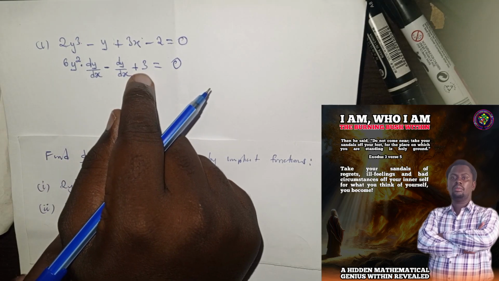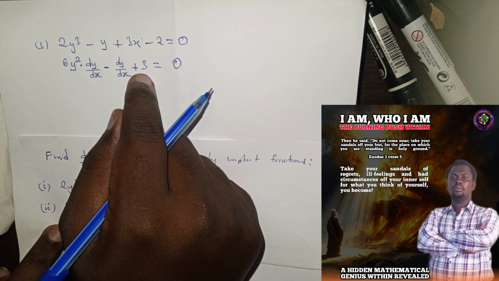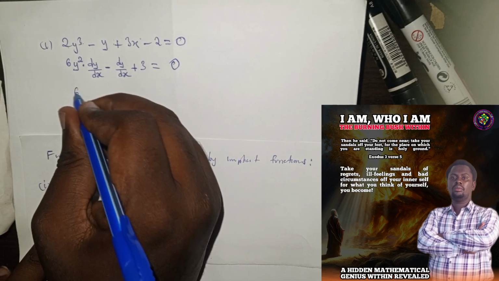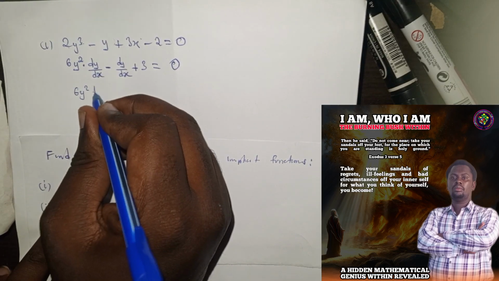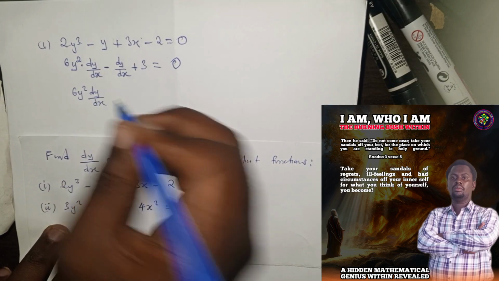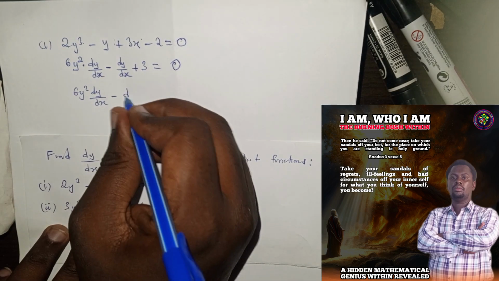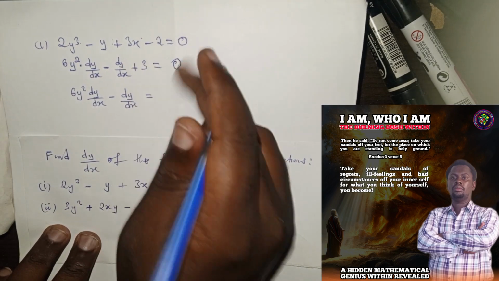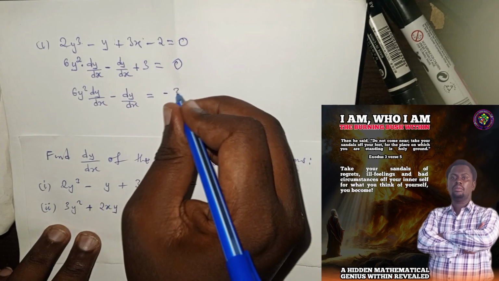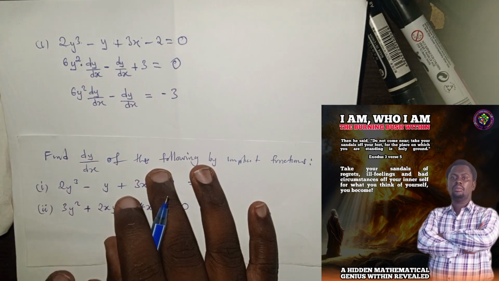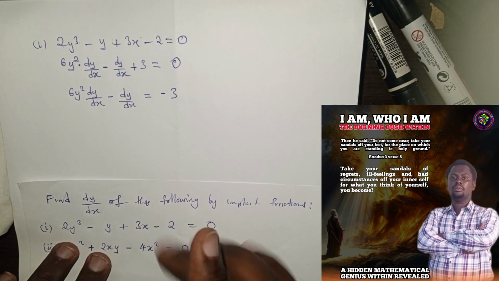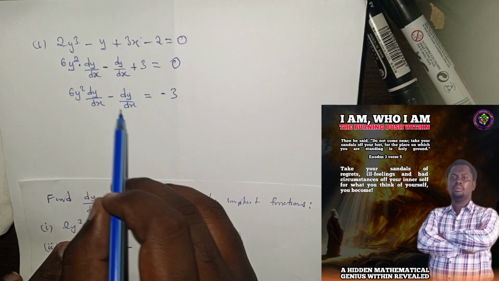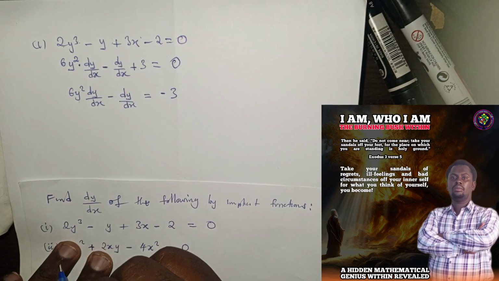So this 3 has no dy/dx, so you take it this side. So we are going to have 6y squared dy/dx minus dy/dx is equal to, 3 here will be minus 3.